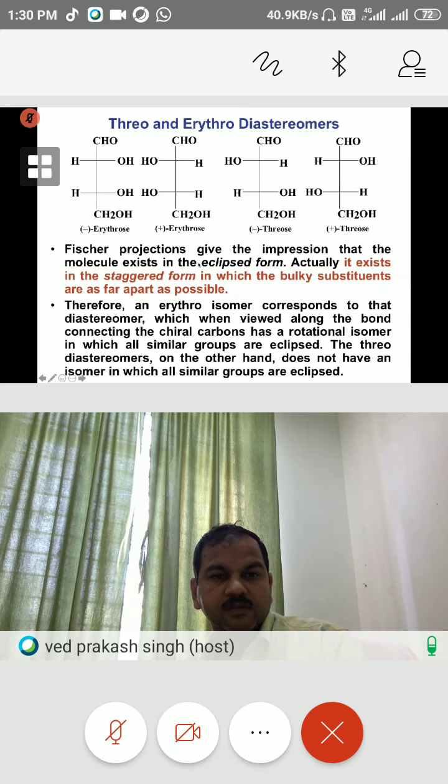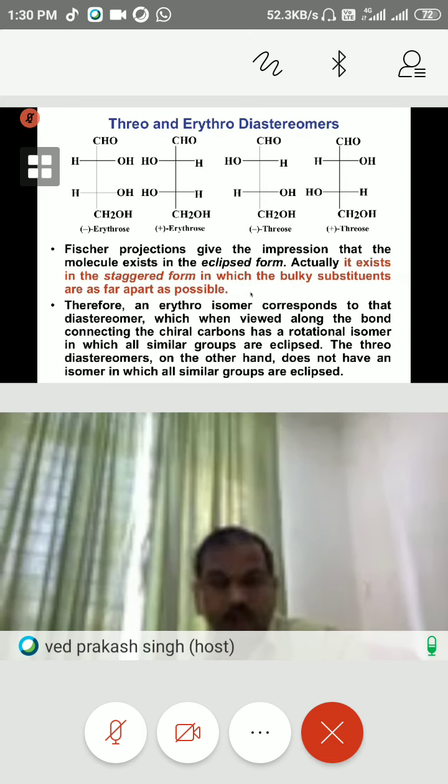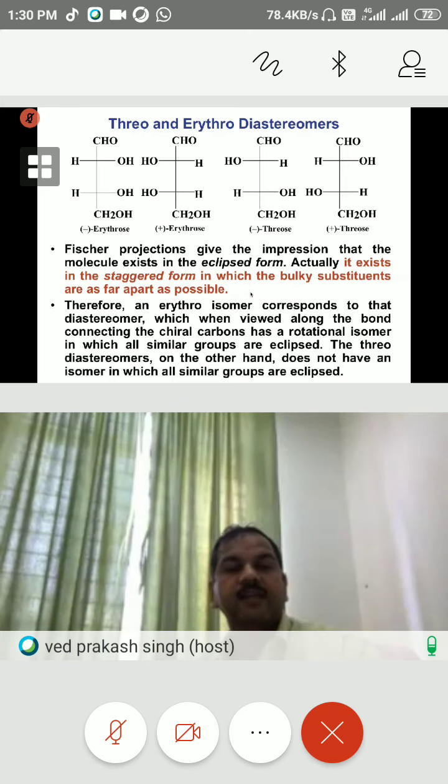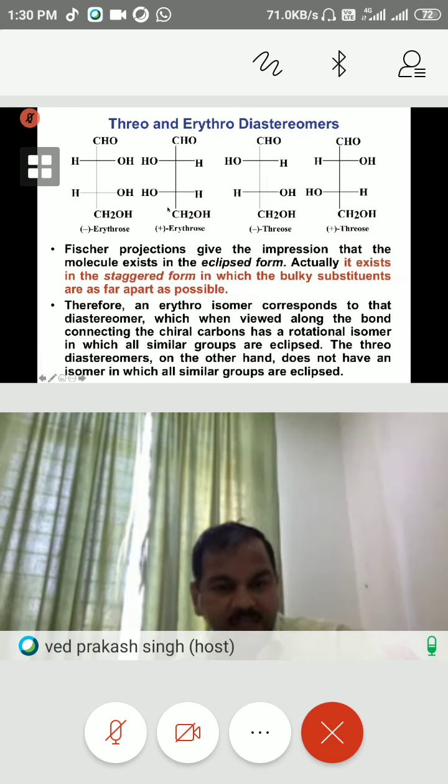In the Fischer projection, it gives the impression that the molecule exists in the eclipsed form. Actually it exists in the staggered form, in which the bulky substituents are as far apart as possible. Therefore, an erythro stereoisomer corresponds to that diastereomer. The chiral carbons have a rotational isomer in which all similar groups are eclipsed.